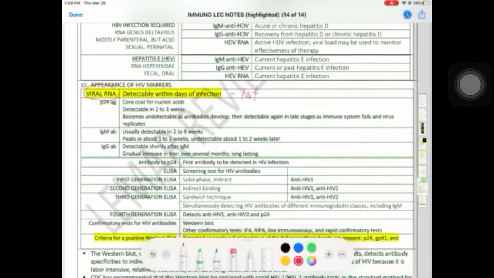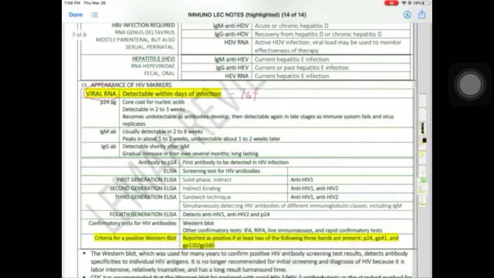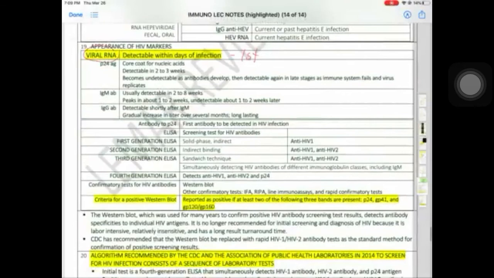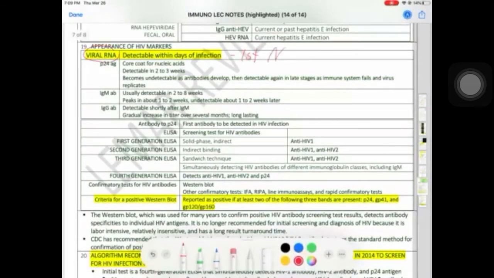So, pag given po yung P24 at viral RNA, HIV RNA, ano po ang sagot natin dito? Viral RNA. For HIV antibodies, alam na alam po natin to, first antibody to appear in HIV infection. Inuulit ko, ang first marker is viral RNA.